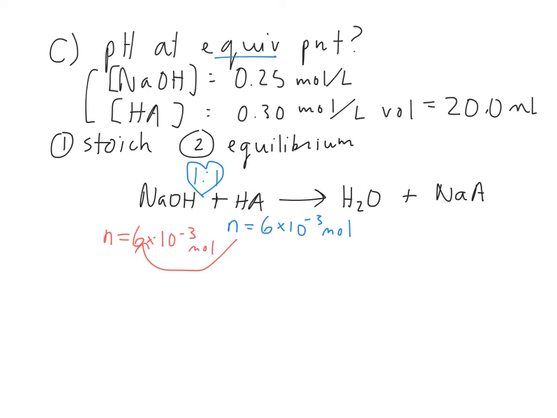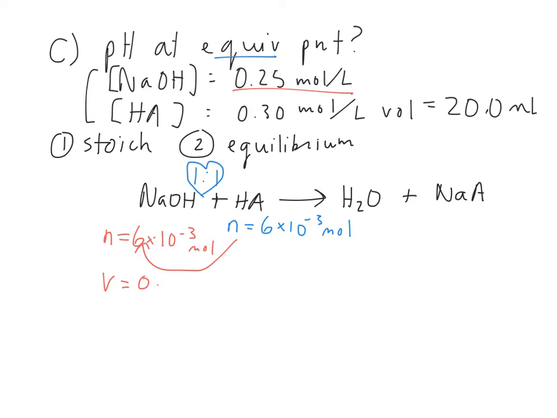Okay, I know the concentration of the base. What I'm going to calculate is the volume of base that would take me to that equivalence point. Okay, so C equals n over V, V equals n over C, right? So I'm going to take that molar amount and divide it by your concentration, and then see if that makes sense.